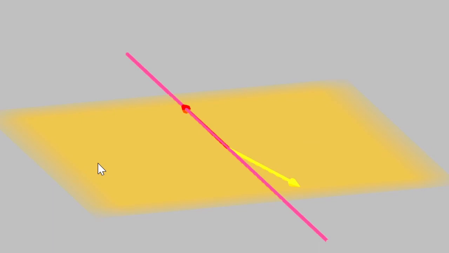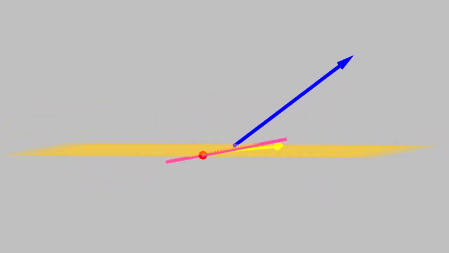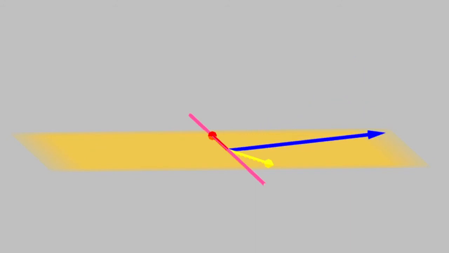Alright, now how about the third vector? For our third vector, we can span all of R3, or all of three-dimensional space, as long as this third vector is somewhere outside of that orange plane. When the third vector is inside that plane, it's dependent on the first two vectors, and so we don't increase our span.